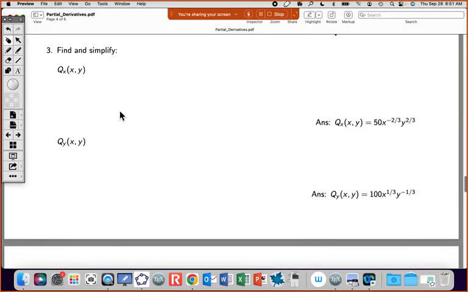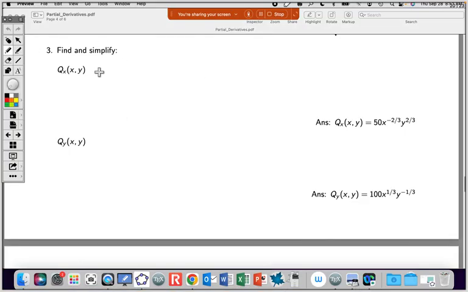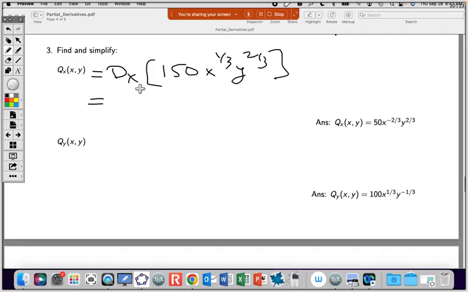Find and simplify qx and qy. So once again, qx means we're taking the derivative of q with respect to x, keeping who as a constant? So if I'm taking the derivative with respect to x, what's the constant here? 150 is a constant.